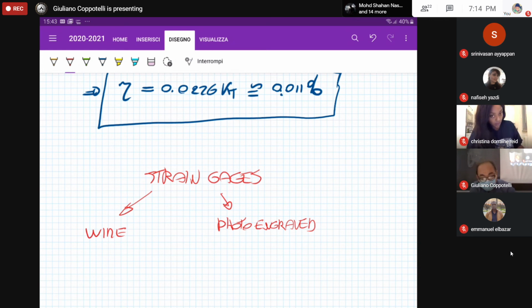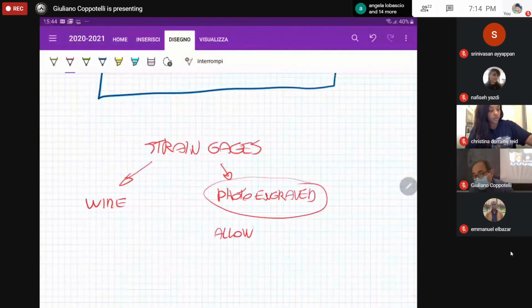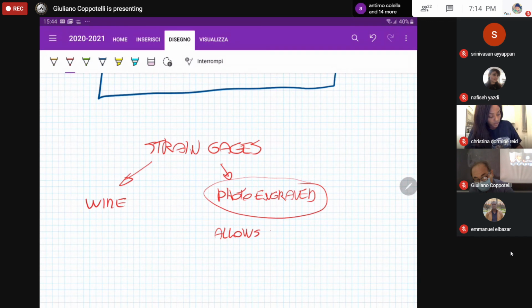This new configuration allows different measuring configurations.